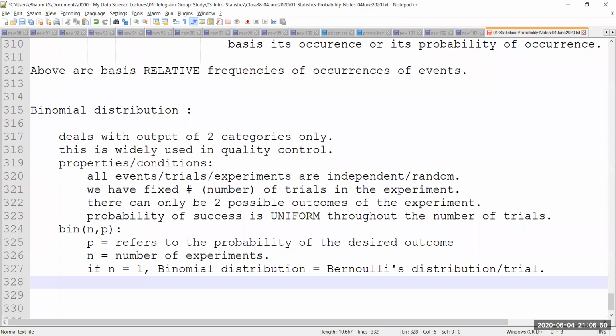Now, let's continue from there. Let's say we are doing an experiment and we look at the probability of getting a yes or a no. Let's take an example.